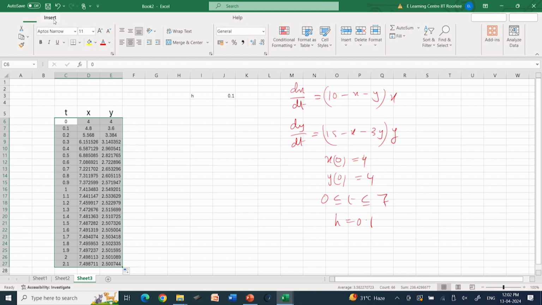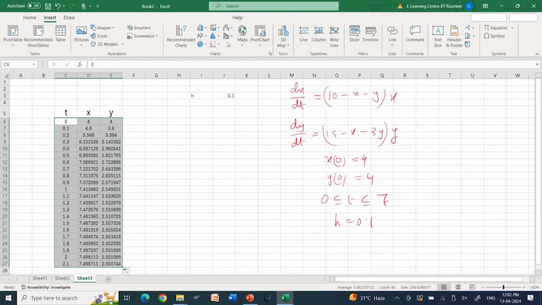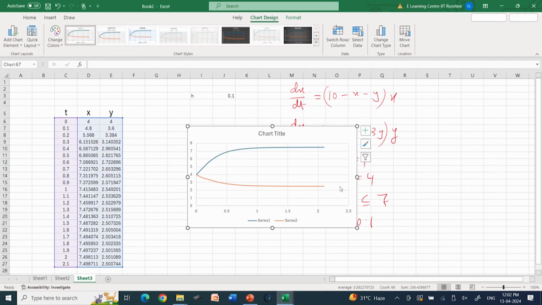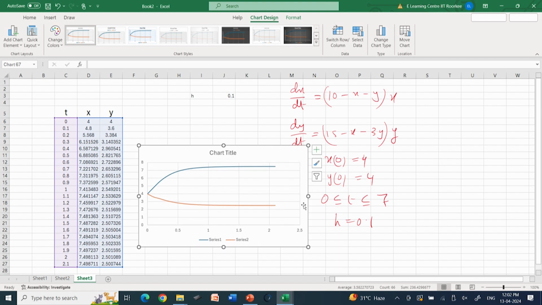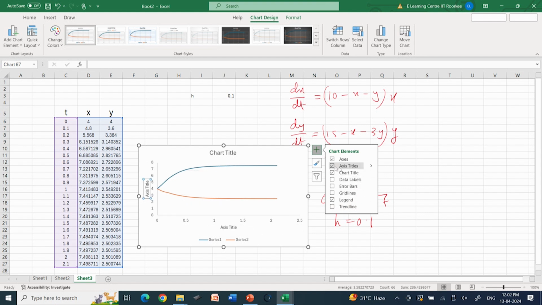Go to insert, click this and this chart. So, now you get this curve. As usual, if you want to label it, you have this axis title, you have the legend, you have the axis, you have the chart title.